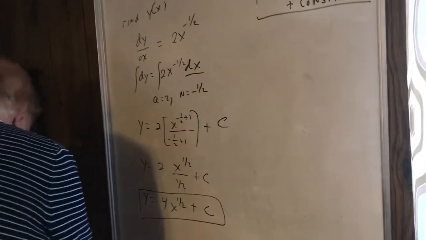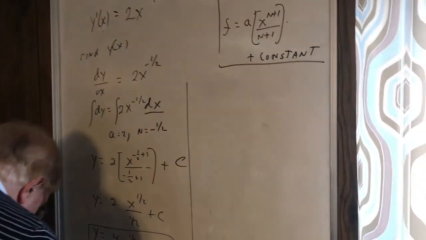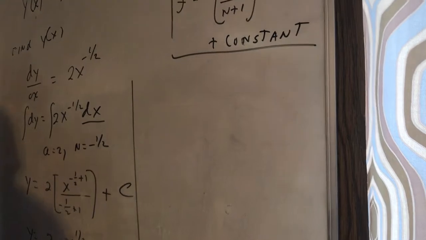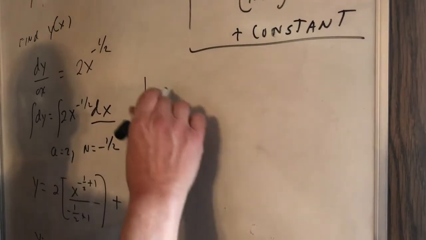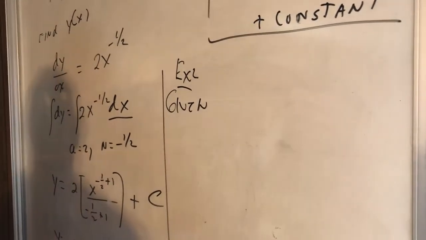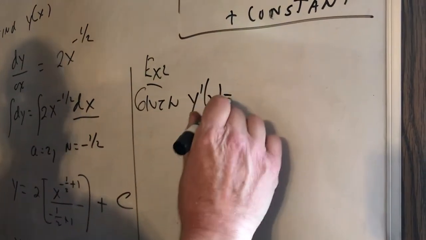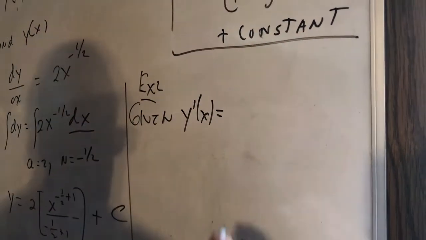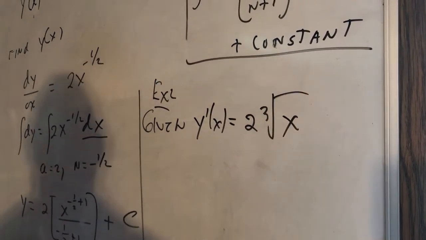Let's get our feet wet on integration. I can put another one over here. This is easy. Okay, so I'm given, this is example 2, y prime equals 2 times the third root of x.